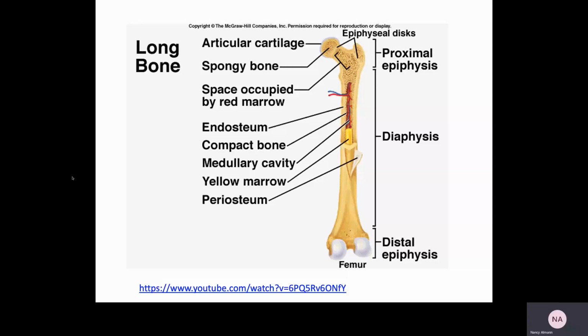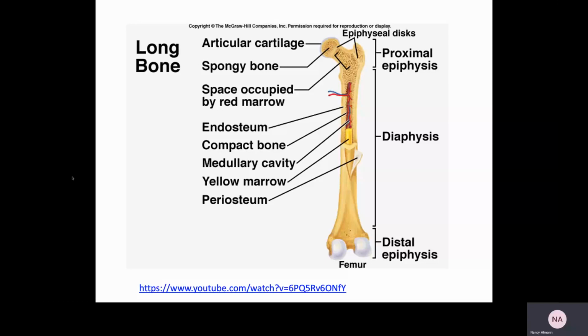You will remember from our histology part that hyaline cartilage is very smooth and reduces friction, and it's going to be extremely important that the bones have that articular cartilage in order to reduce wear and tear on the joint as it moves, particularly what are known as synovial or freely movable diarthrotic joints.